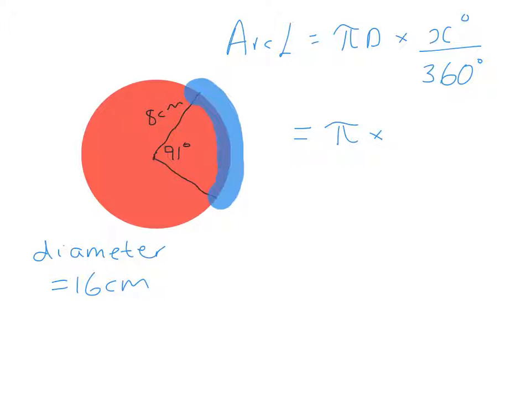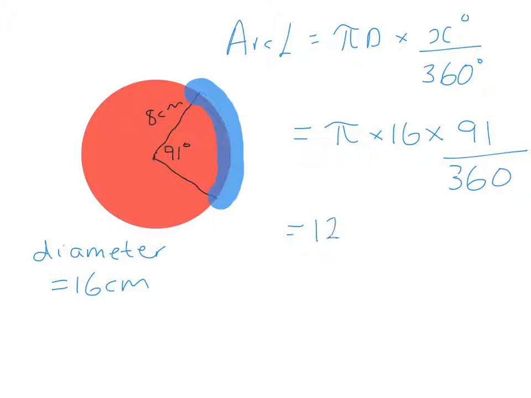So we're going to put the diameter here into our equation. So it's pi times 16 times by our given value, it's going to be x. So our given value x here is 91 degrees, and we're dividing that by 360. In your calculator, just multiply the things along the top, so pi times 16 times 91, then just divide that by 360.